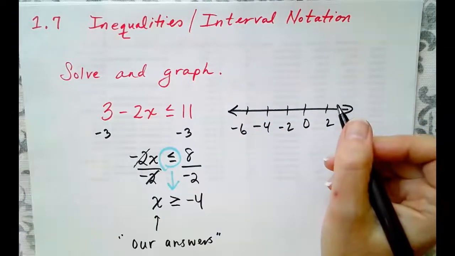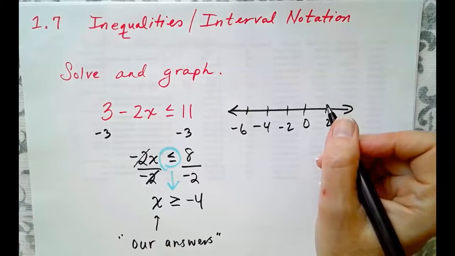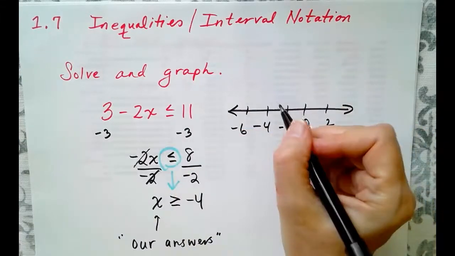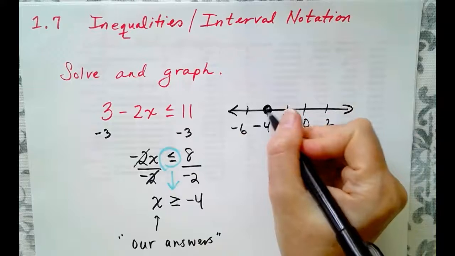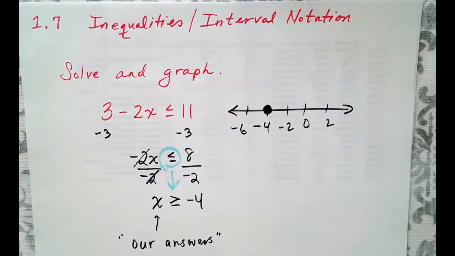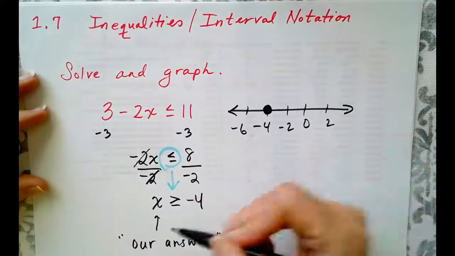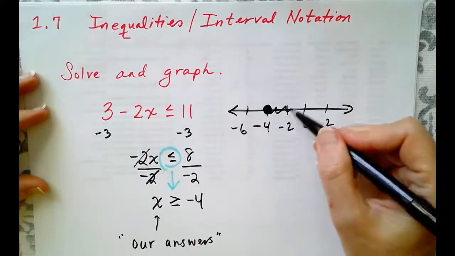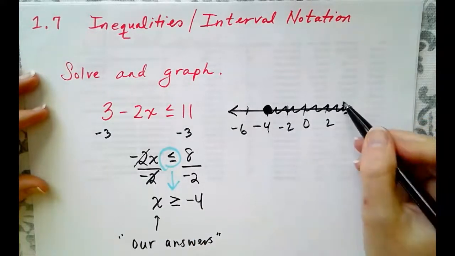So normally in Algebra 1 and Algebra 2, when we put this on the number line, because of the or equal to, it would have been a closed circle. And then from there, we're going to shade everything to the right. Why? Because our answers are greater than negative 4.